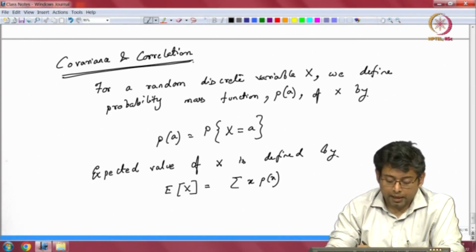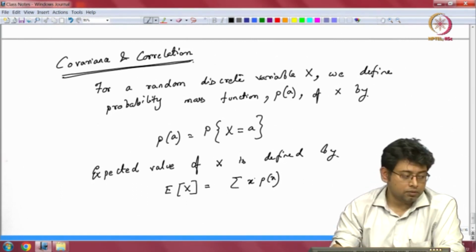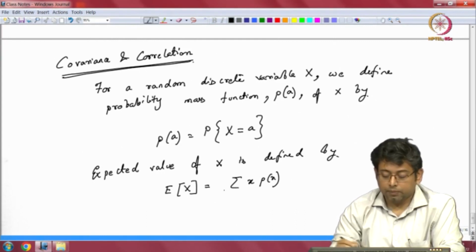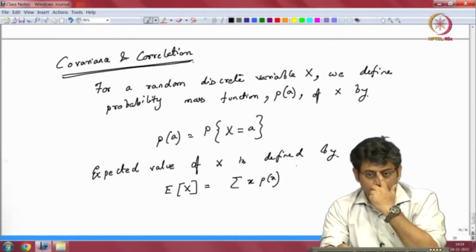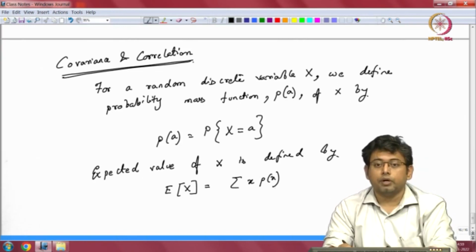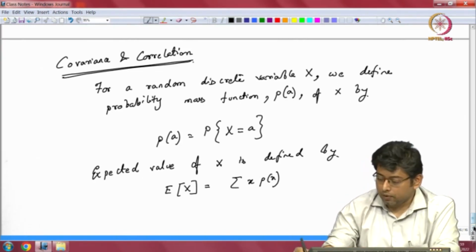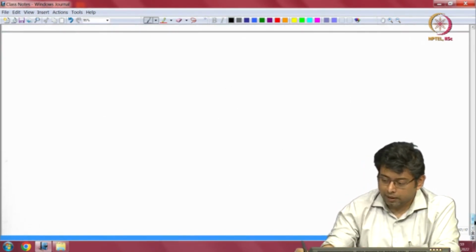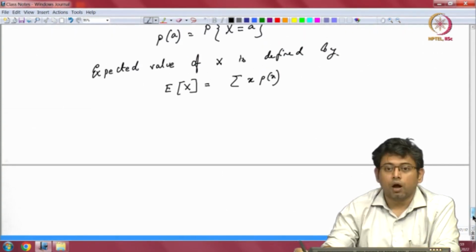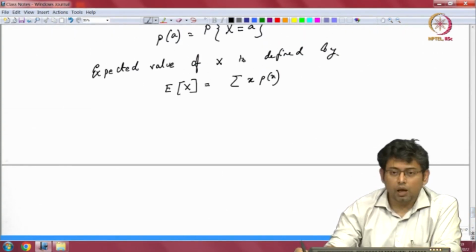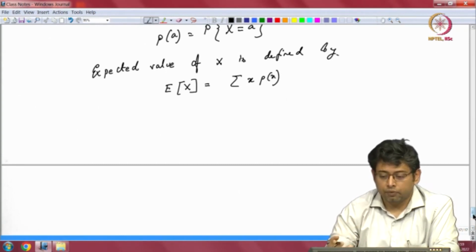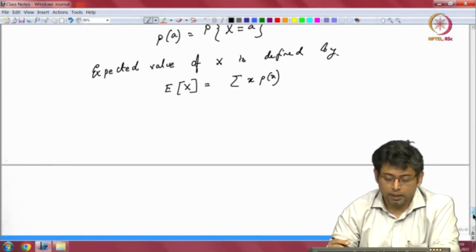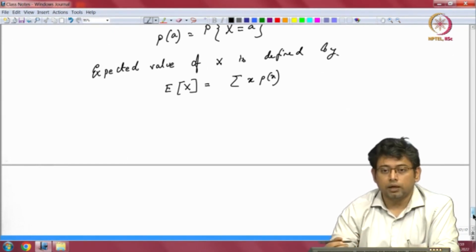So, this capital X is the discrete variable and x is the value that this variable takes. So, this is my expected value. Now, you will recognize this is more or less like doing an average in some sense, and we will use this idea of expected value later on for our analysis. I am defining everything right now in the way you might be accustomed to if you have done a course in probability theory, and then we will extend this to time series data or a series data.